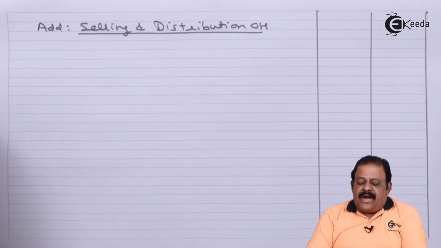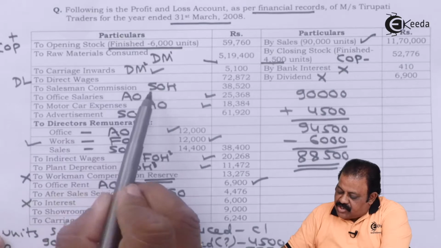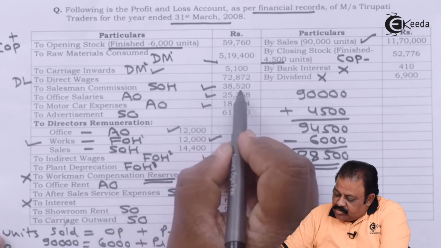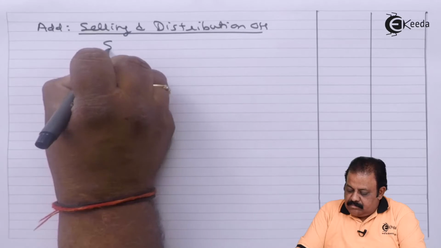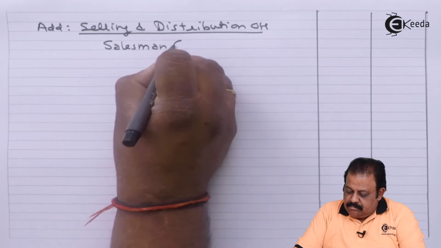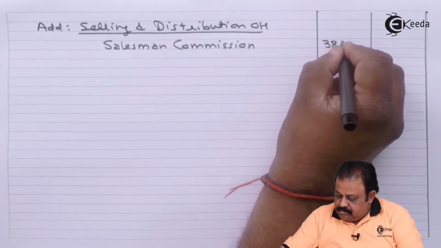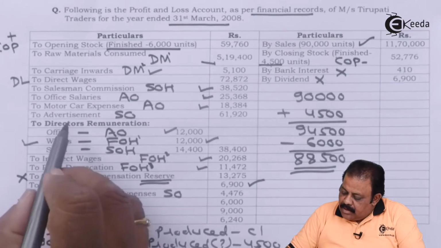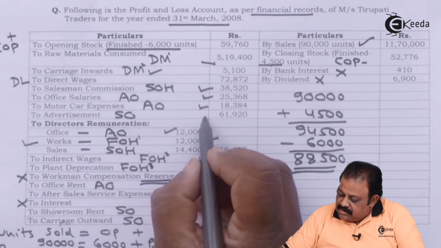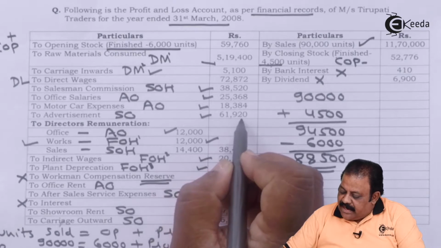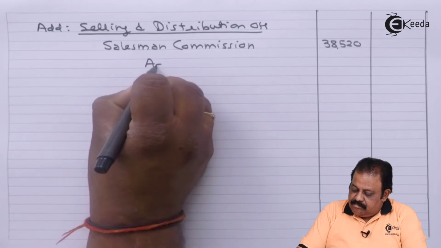To this we are required to add selling and distribution overheads. Salesman's commission 38,520. Advertisement 61,920.